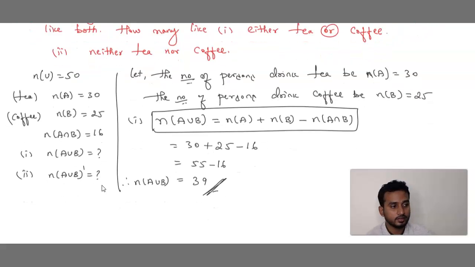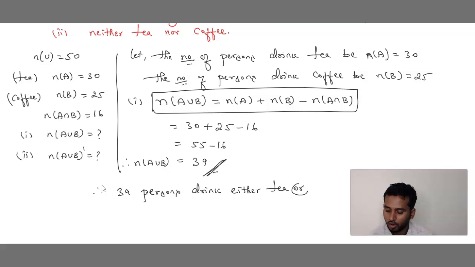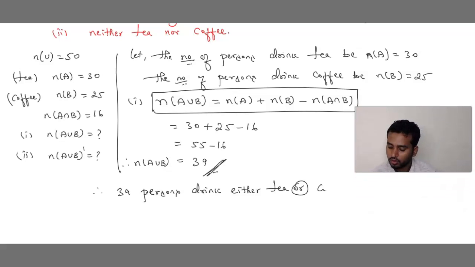Are you getting it, children? It's easy? So how many people drink either tea or coffee? Therefore, 39 persons drink either tea or coffee.